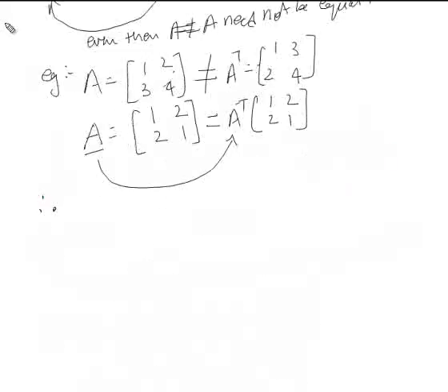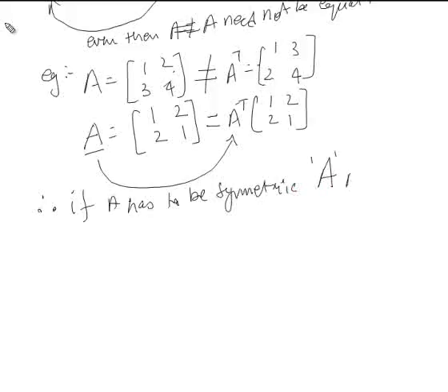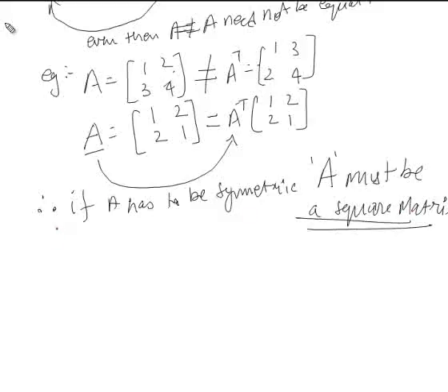Therefore, if A has to be symmetric, A must be a square matrix. This is another important observation. Please remember, these are very small observations which we are making, which will be very useful in the future.